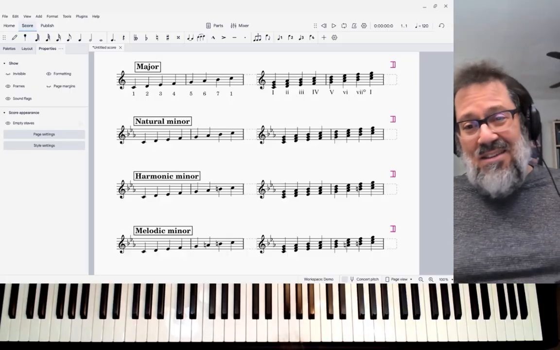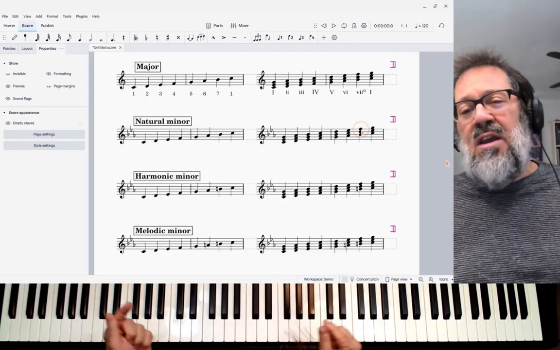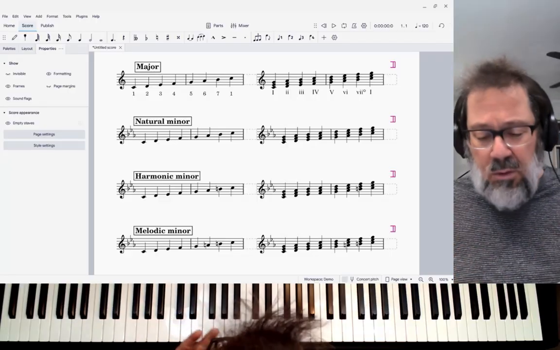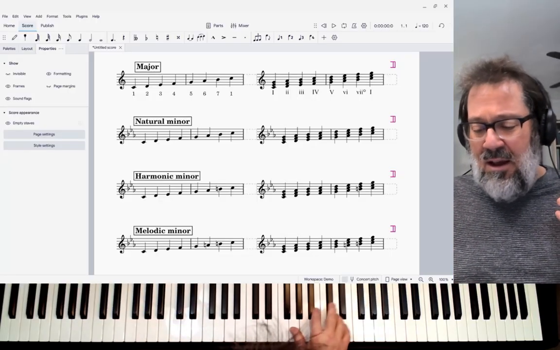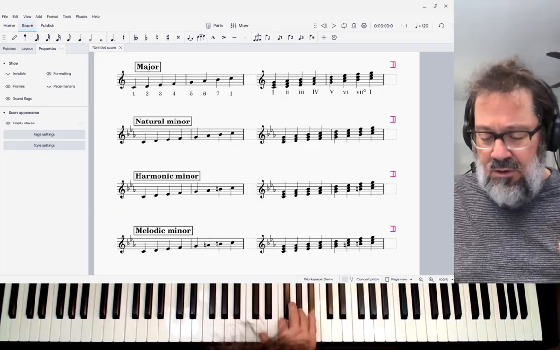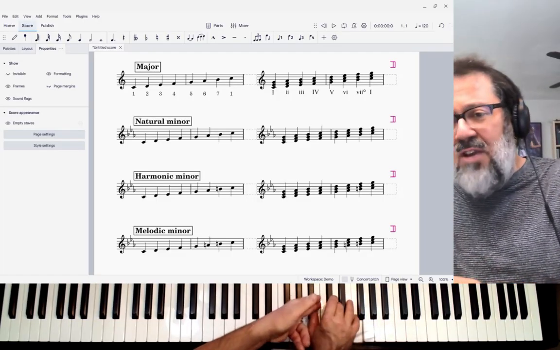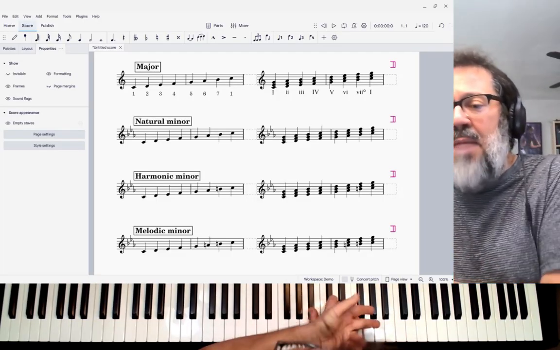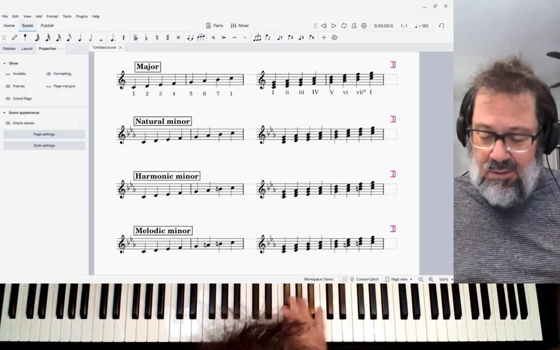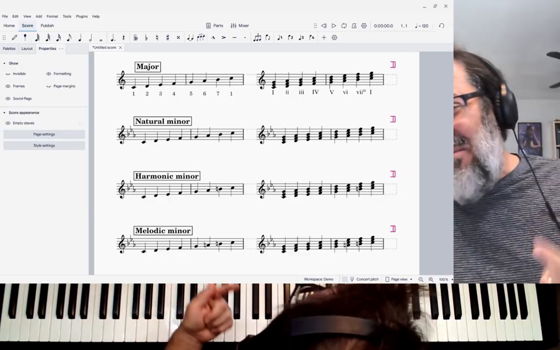This is fine, but it really gets to be more confusing when we start looking at Roman numeral analysis. The chord built on scale degree 7 is either a B flat major chord, or it's a B diminished chord. And here's where things get more confusing.